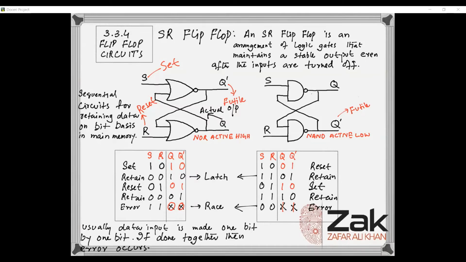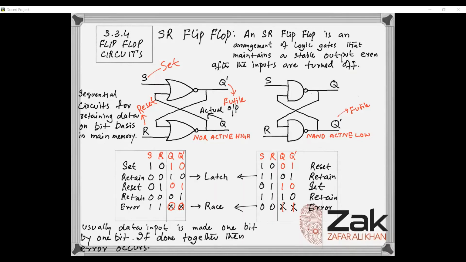It means when the pulse is 1, the NOR gate sets or resets. On the other hand, when the pulse is low, the NAND gate activates, and it works vice versa. You need to understand that the NOR-based active high circuit, which is the NOR-based SR flip-flop, starts working when the clock pulse is high.